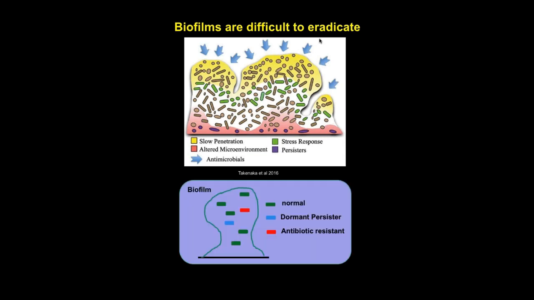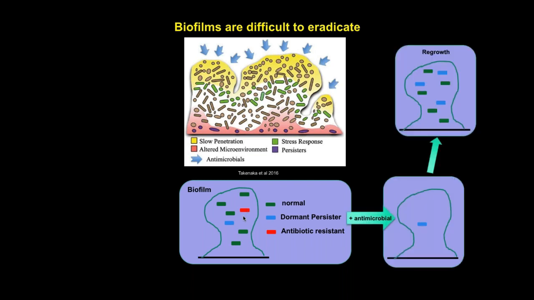So if we schematically represent the normal cells that are growing and dividing as green, persister dormant cells as blue, and also cells that will be within this and selected for that may be resistant to the antimicrobials that we might add.